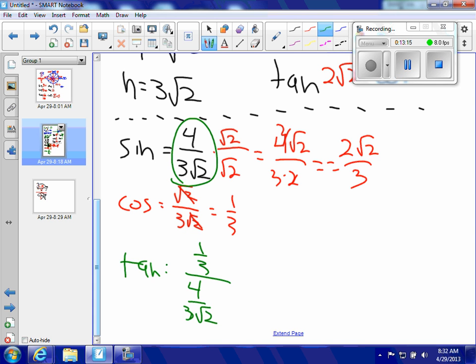Oh, is that right? You mean the cotangent? Yeah, cotangent. Right? So I'm going to multiply both sides by 3 radical 2 over 4. This is going to go away. That 3 is going to go away, so I'm going to get radical 2 over 4 for my cotangent.